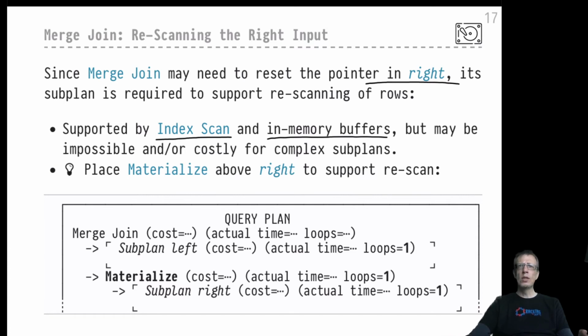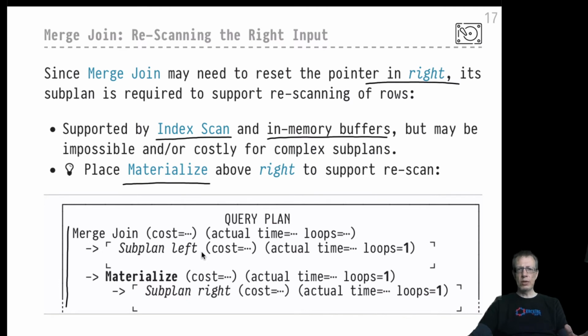The method that Postgresql applies here is placing an explicit materialize operator above the right hand side input plan. So in such situations you will find a setup like this. You will find the merge join operator at the top and some subplan on the left. Of course, this subplan would deliver the rows in the right order.